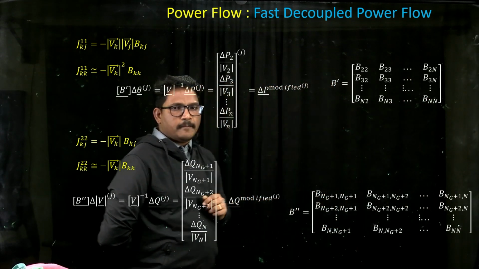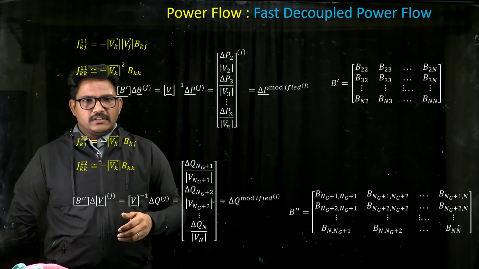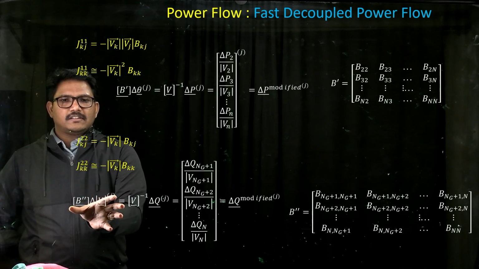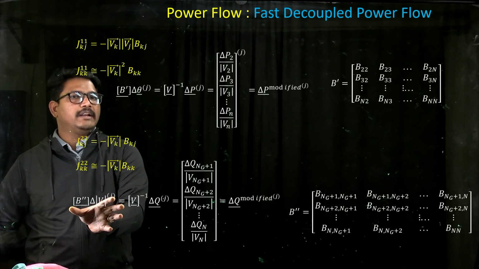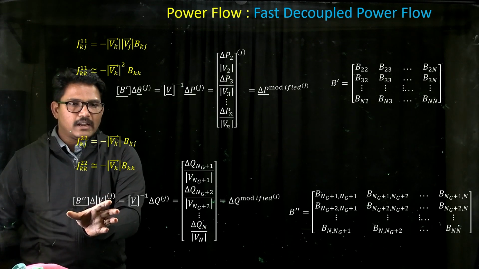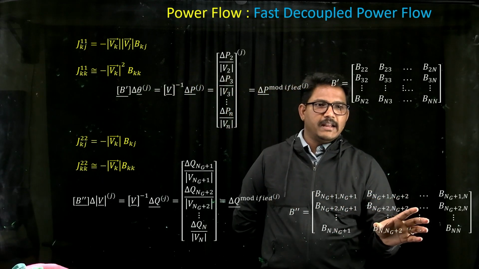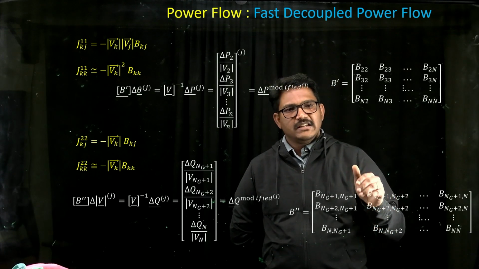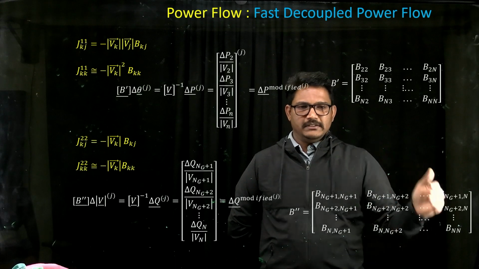Similarly, we'll also see that the reactive power related update expression is from the J22 elements, corresponding through B double dash. B double dash is a subset of B dash, where we consider only the elements from NG plus 1 to N, that is, only for the load buses.